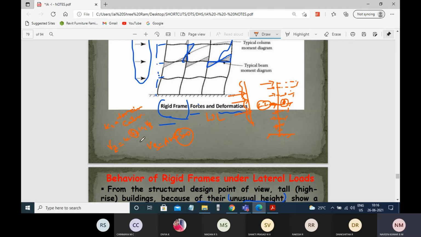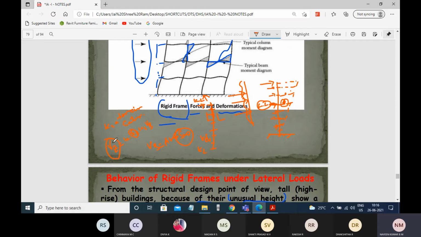K2 is varying. At the lower height, this K2 value is very small when compared to the higher stories. At the higher stories, this K2 value will be more, and at the lower level it will be very less.